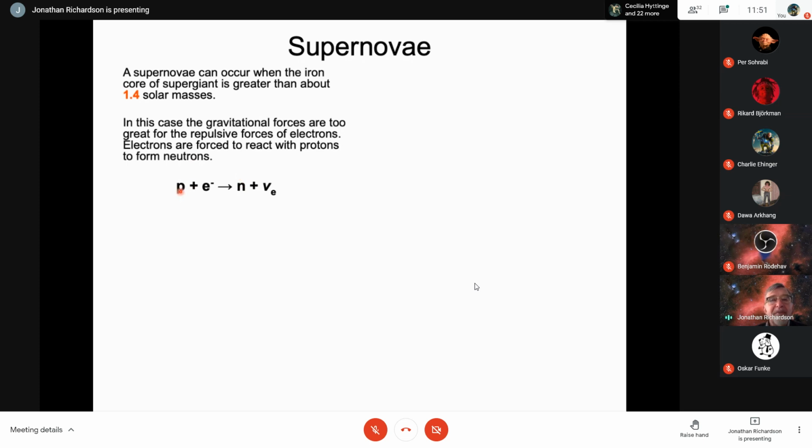A proton is made up of 3 quarks, and 2 of those quarks are similar in nature. So if we can change the nature of one of those quarks, we can change a proton into a neutron.